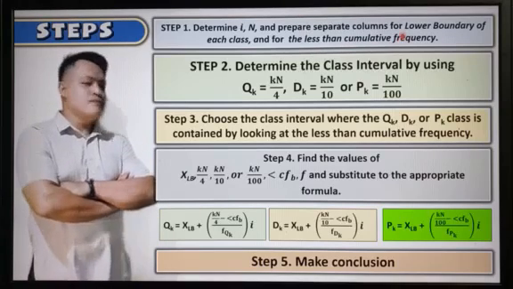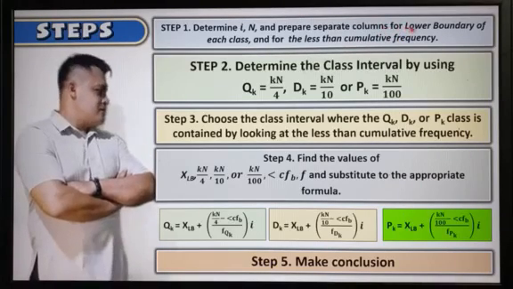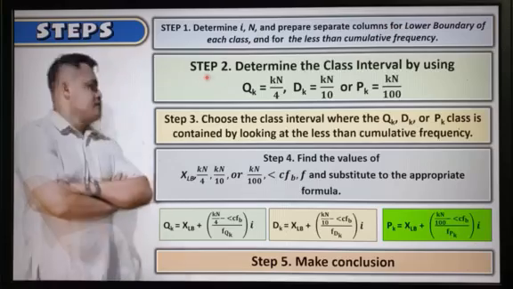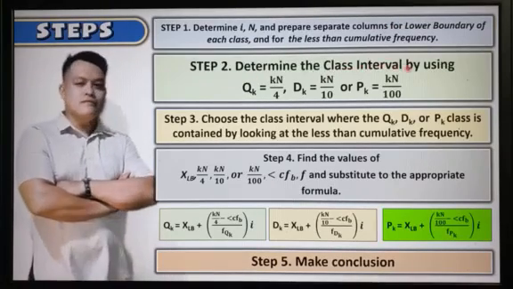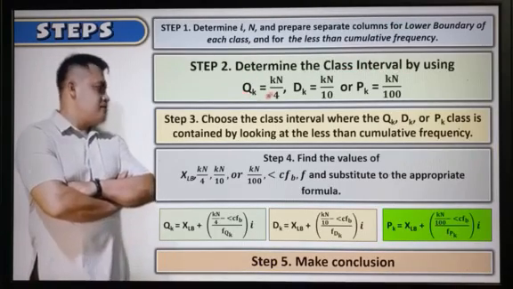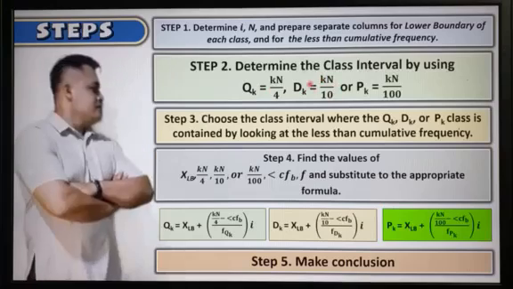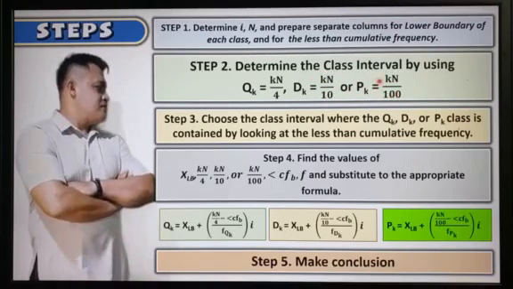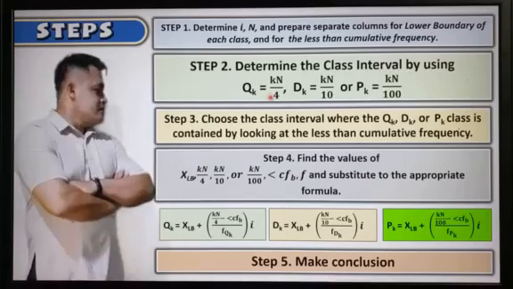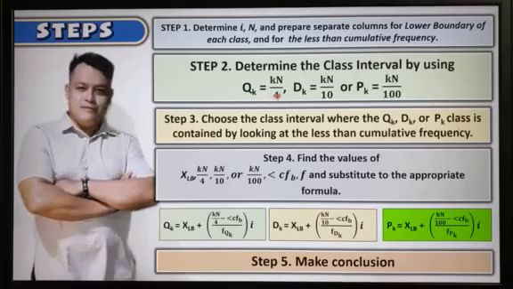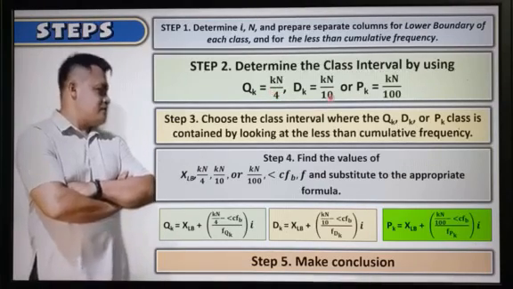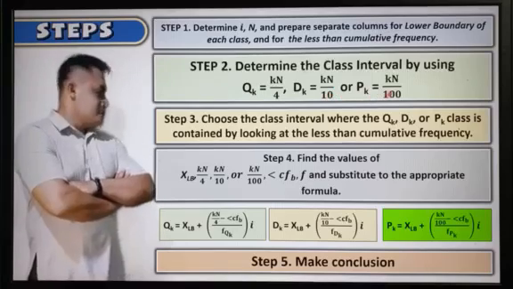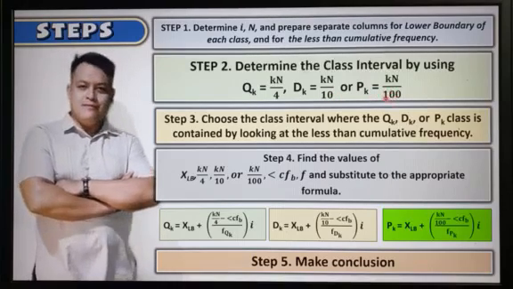We already know how to get these. In step 2, determine the class interval by using this formula for quartile, this one for decile, and this one for percentile. Again, I would like to emphasize that for quartiles the denominator is 4, for decile the denominator is 10, and for percentiles the denominator is 100.